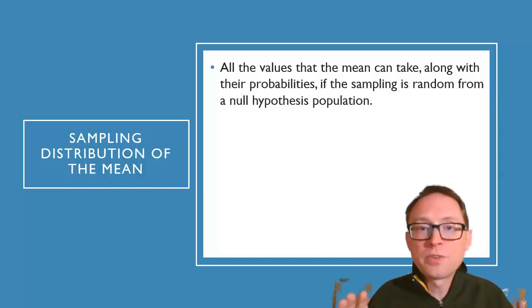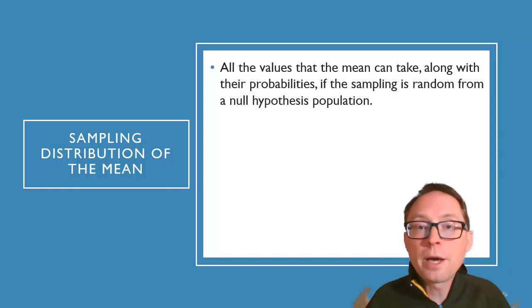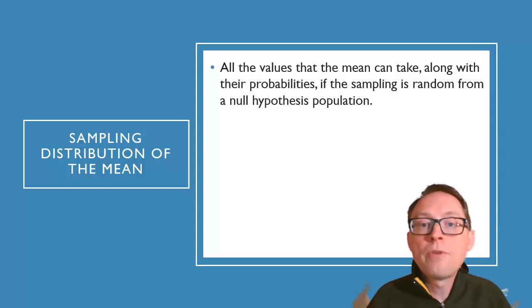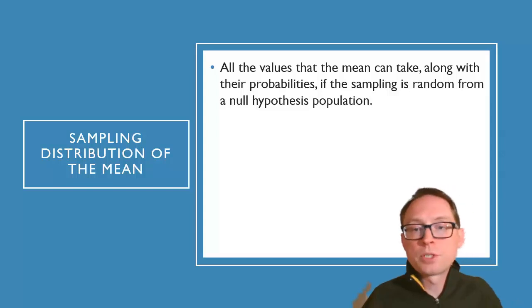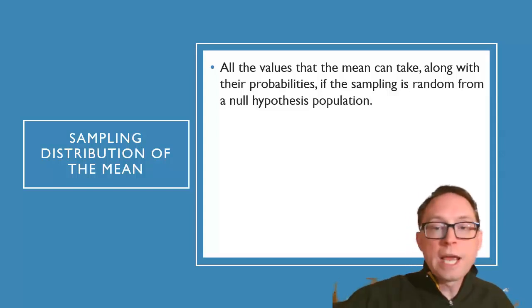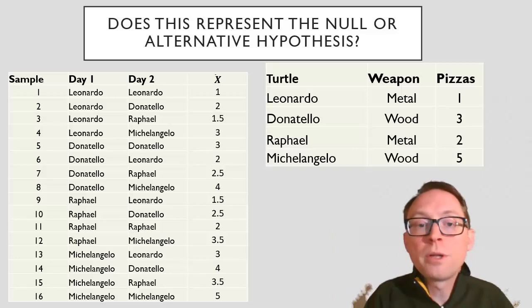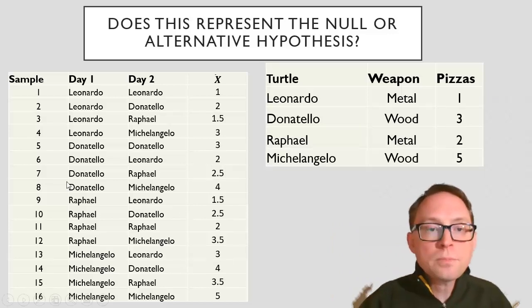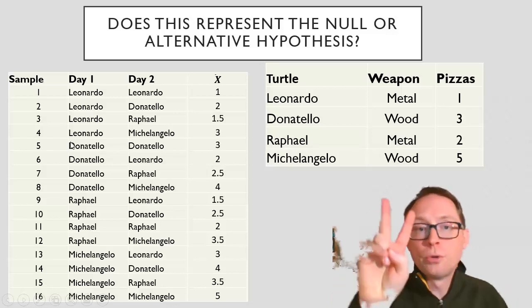If the statistic that we care about is the mean, then the sampling distribution of the mean is all the values that the mean can take, along with their probabilities, if the sampling is random from a null hypothesis population. So we're going to do the same process we just did with the binomial, but now for the mean. If you look at these right here, again, these are all the possible samples of 2, if n equals 2.